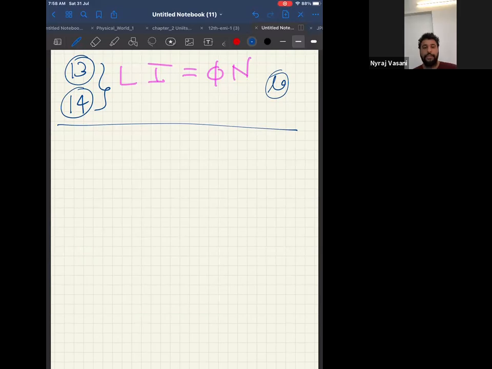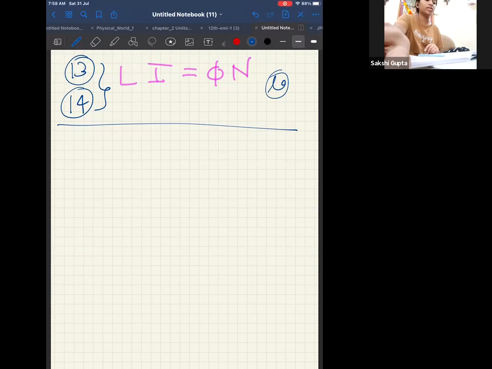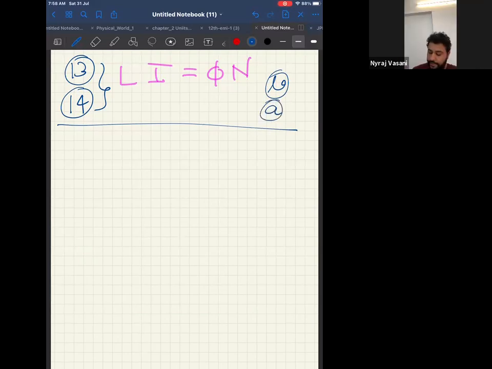Okay, good. 14th one, start. 14th one is A, correct. Same direct formula and substitution. I'll give you one more minute, all of you, to get these two answers using these two formulas.